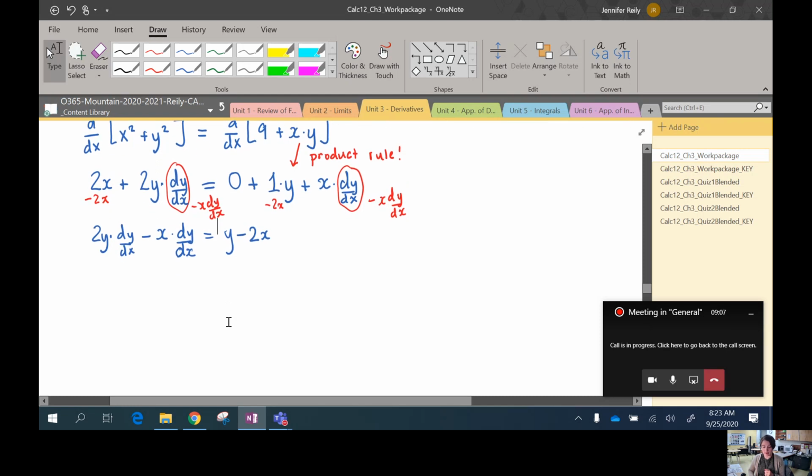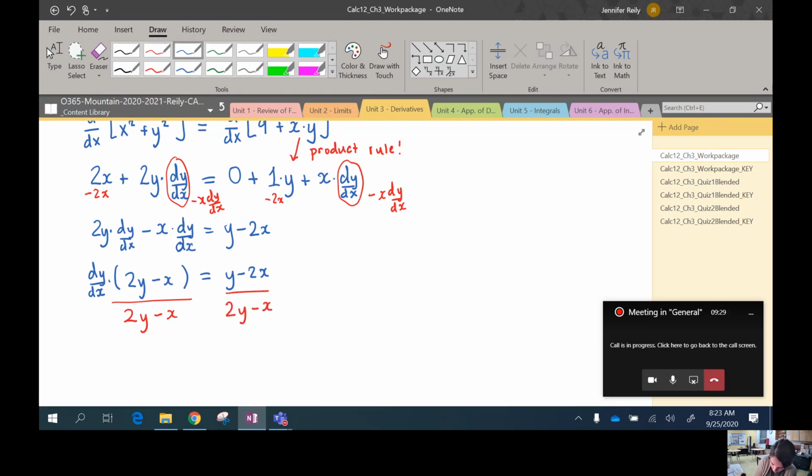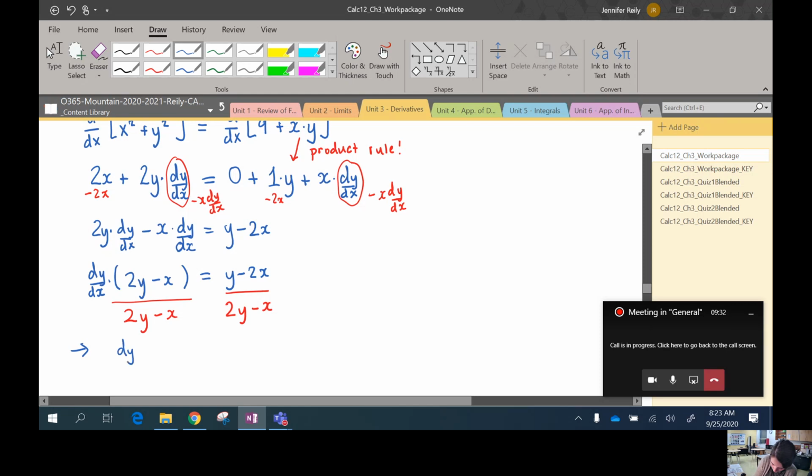Okay, so I've got all my dy dx terms on one side and all the other terms on the other. Now, how I solve for dy dx here is I factor it out because it's in both terms there. And I have 2y minus x and then y minus 2x. And since that's being multiplied, to get rid of that 2y minus x, I just divide. So here's my solution, dy dx equals y minus 2x over 2y minus x.